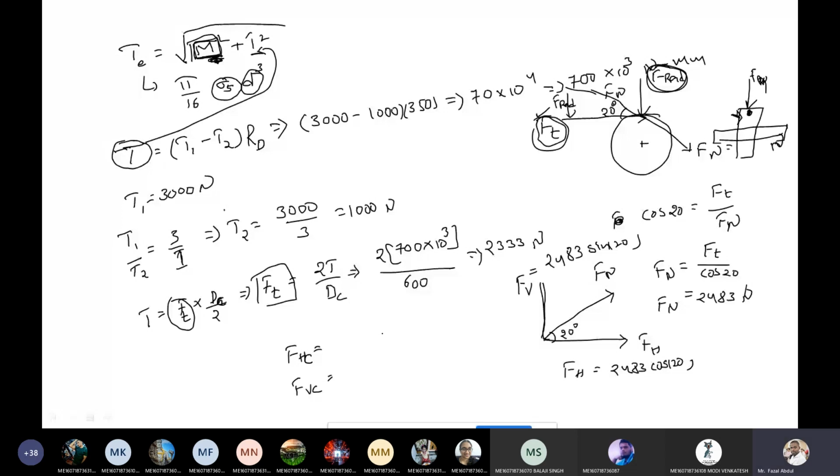Make it fast. Don't take too much time. What is the horizontal force at C point? What is the vertical force at C point?